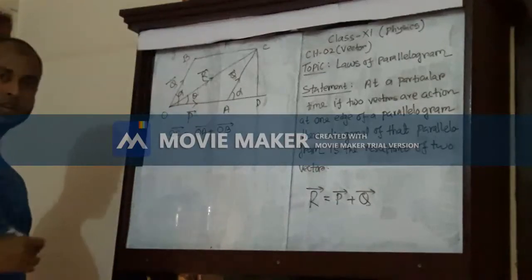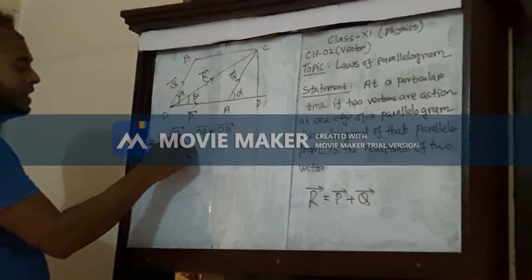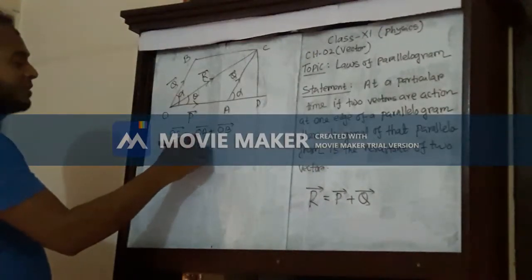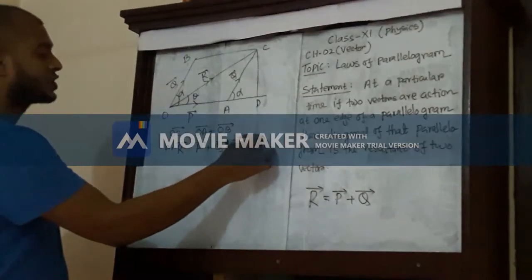This is the vector. Okay. So you can say here vector R is nothing but summation of vector P plus vector Q. Equation number 1.